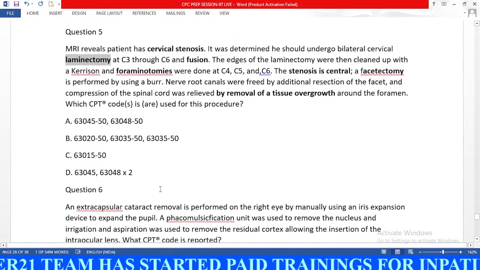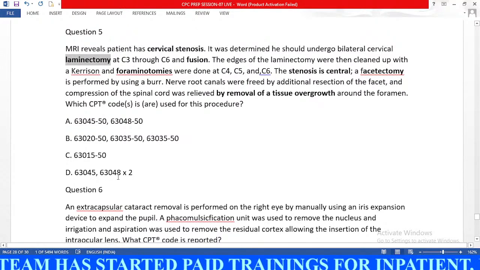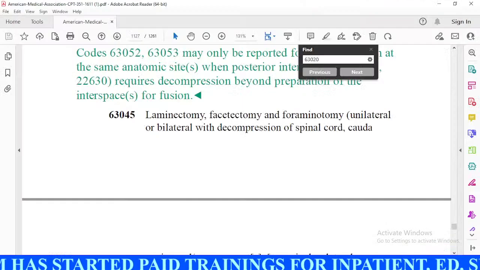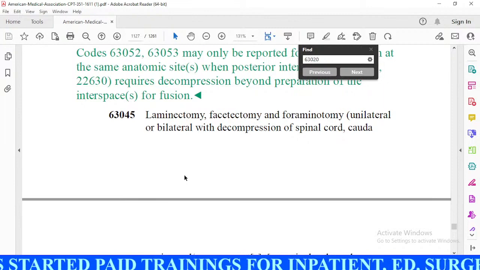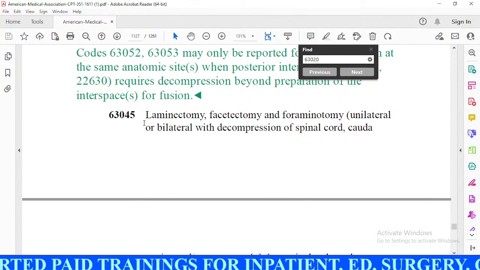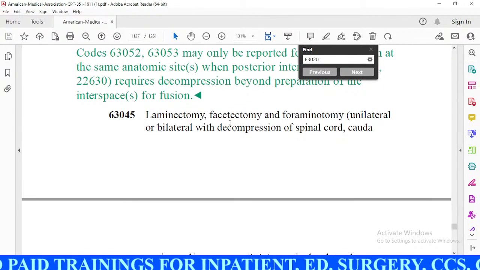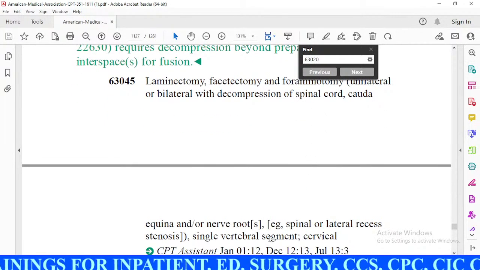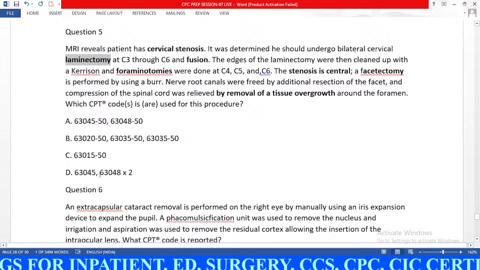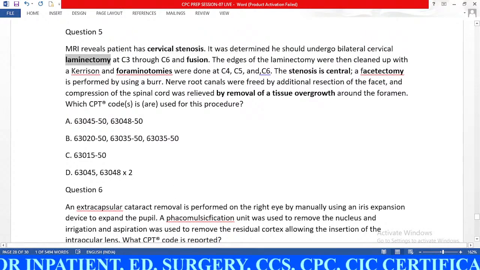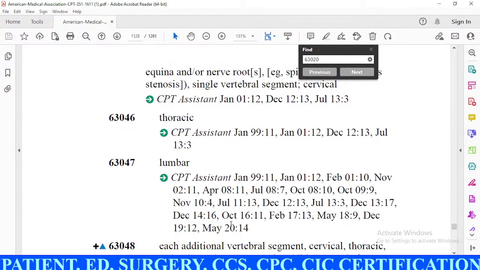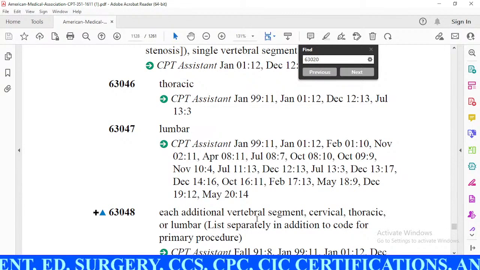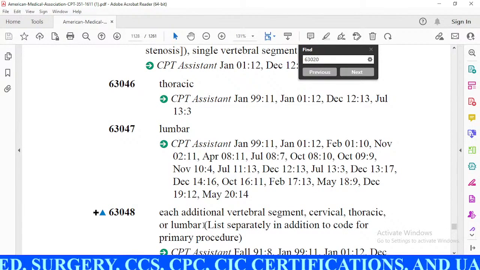So we are left with 63045 and 63048 times 2. We will check that. Yeah, correct here. 63045 laminectomy, facetectomy and foraminotomy. So here there is no modifier in D. So this is correct. We can check 63048. Each additional vertebral segment, cervical, thoracic or lumbar.